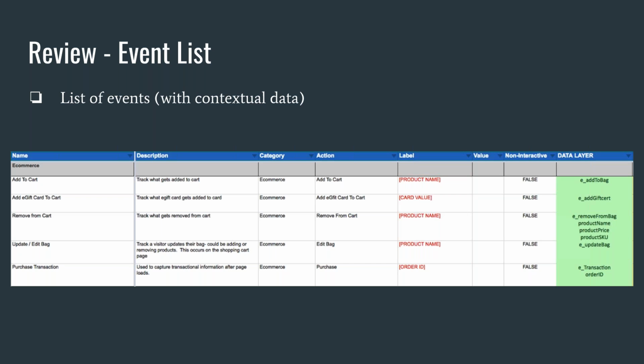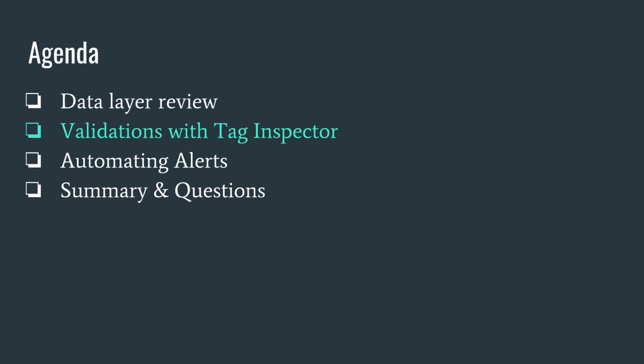So it might be product name, product price, quantity, that sort of thing. So we need to know what it is exactly that we're looking for before we can validate that, yes, in fact, that is happening. So now we know what it is that we need in order to go into this testing process.